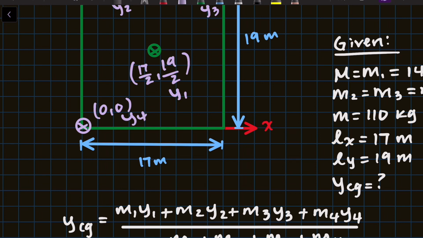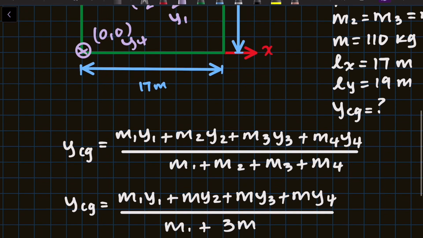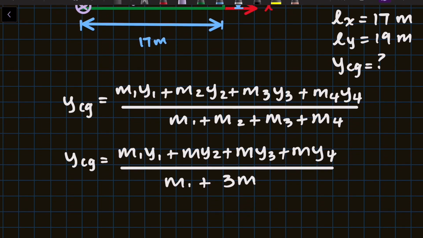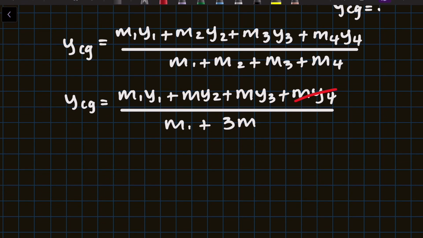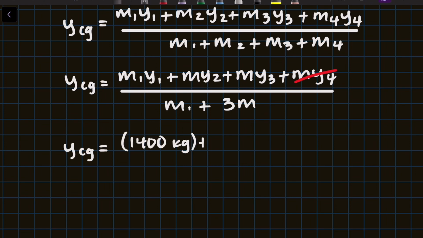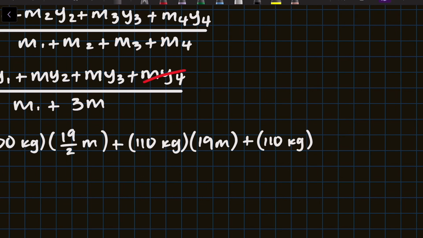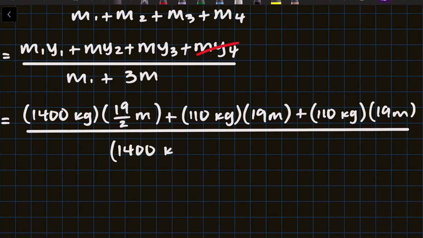Notice that y4 is 0 meters, so for our equation, we can cancel this one. A little bit easier. Now let's plug in our numbers. This is how it would look. Make sure you keep the units.